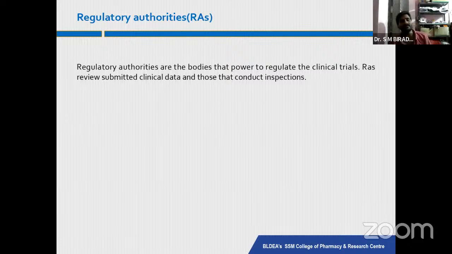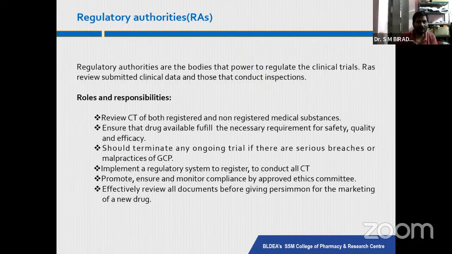And regulatory authorities. This is one of the important parts among the research personnel. These are the bodies, a group of people who have the power to regulate clinical trials.